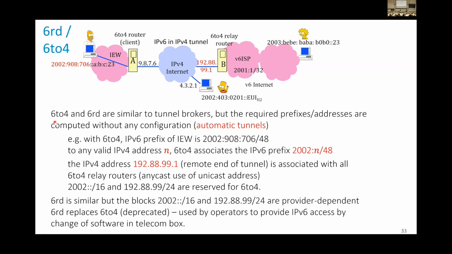6to4 is not very much deployed today. It was deployed until some years ago, and it's replaced by 6RD, which is exactly the same thing, except the blocks are not well known. In fact, there was a drawback with this, which is that 2002 is the same for everyone. But Sunrise does not agree to run a 6to4 relay router for the Swisscom customers.